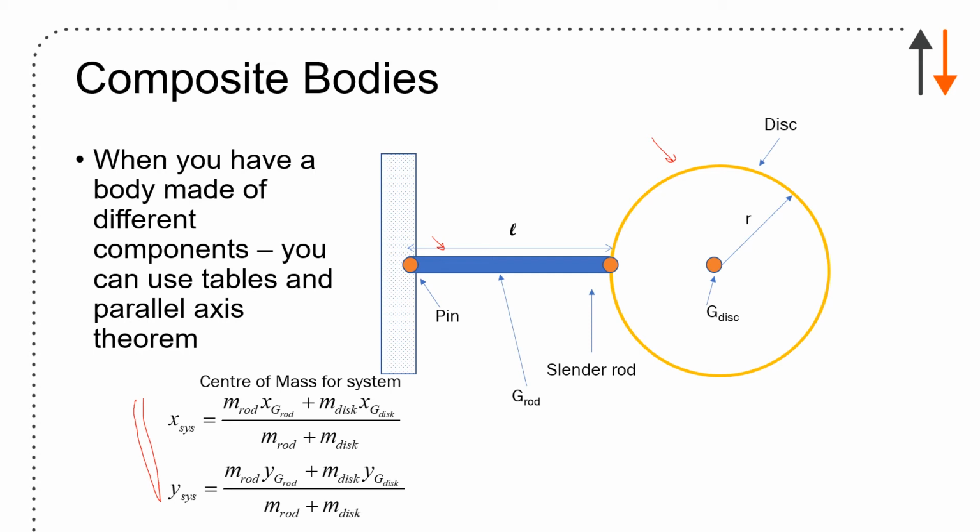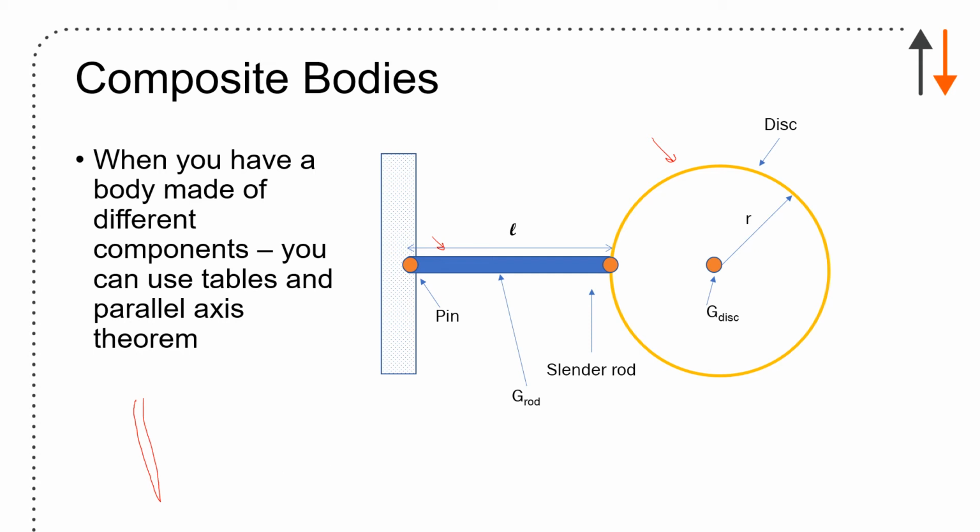So if the disk is 90% of the body, it's going to be shoved towards the disk. If it's 10% of the body, it'll be shoved towards the center of mass of the rod. Y of the system, same thing: m rod y G rod plus m disk y G disk, over m rod plus m disk.